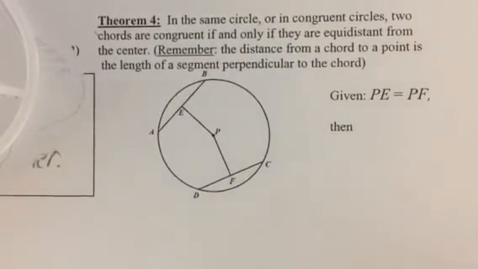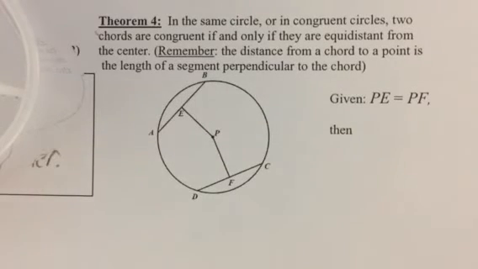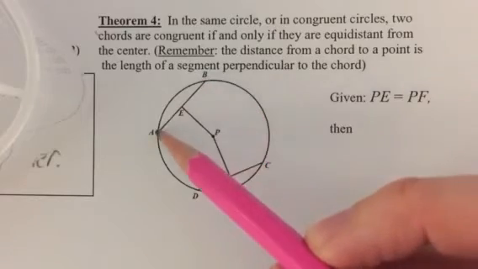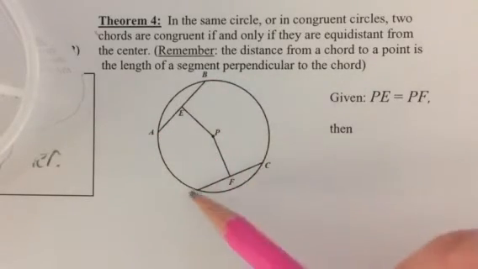All right, so theorem 4 says, in the same circle or in congruent circles, 2 chords are congruent if and only if they are equidistant from the center. So let's look at just that much. It says 2 chords, so it's obviously talking about AB and CD.